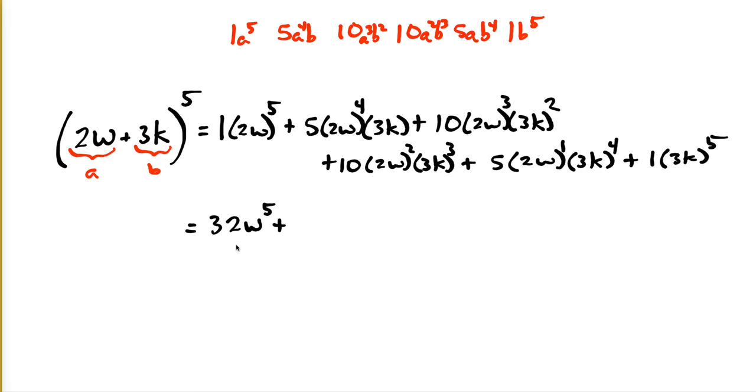Oh, okay. 16 times 5 is 80 times 3, 240. W4K1. Oh, this was a mistake. Should not have done fifth power. 8 times 9 is 72, 720. W3K2.